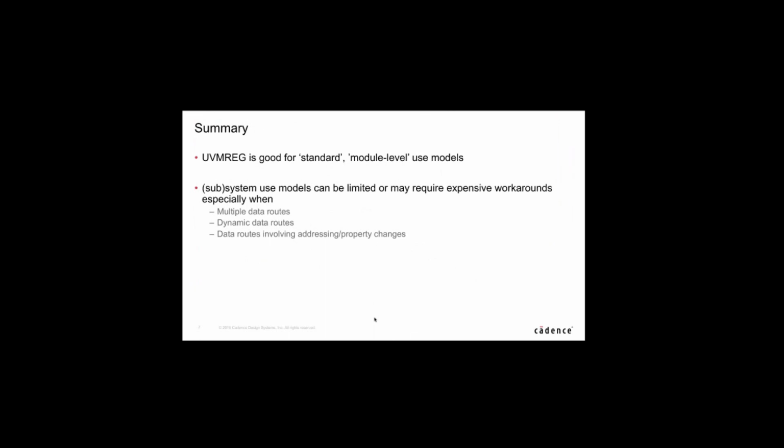If you have dynamic data routes, multiple ports where transactions start, and if your data routes involve addressing or property changes, so multiple layers of a bus, multiple bus widths and stuff like that.